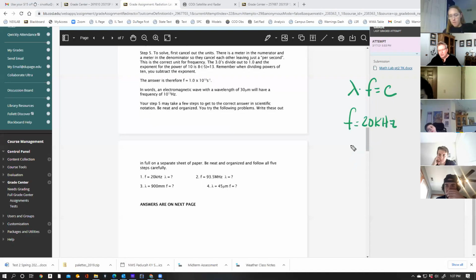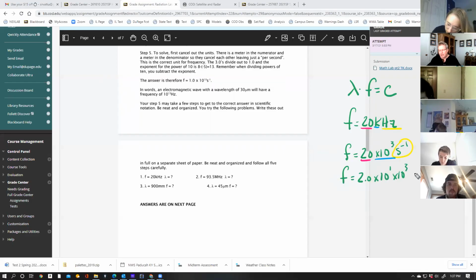And what you do is you go frequency is 20 times 10 to the 3rd s to the minus 1. Keeping in mind that a hertz is a per second, kilo means times 10 to the 3rd, and 20 is 20, but I go in here and I go frequency is equal to 2.0 times 10 to the 1st times 10 to the 3rd, s to the minus 1, and then I go frequency is 2.0 times 10 to the 4th, s to the minus 1.